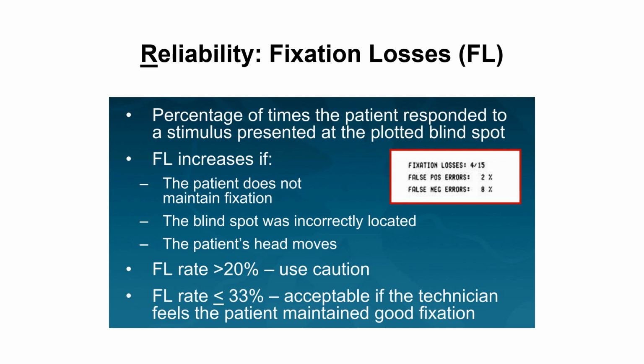Because if you locate the blind spot incorrectly in the beginning of the test, the fixation loss measurements will be unreliable. And you should use with caution when you see a rate of more than 20% fixation loss, and if you see a fixation loss rate of more than 33%, this is an unreliable test. Here you see the fixation losses is 4 out of 15.